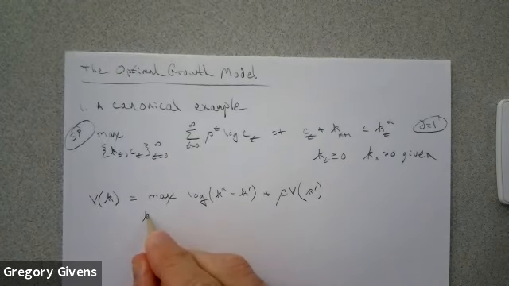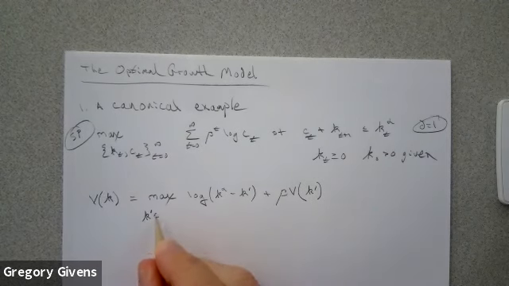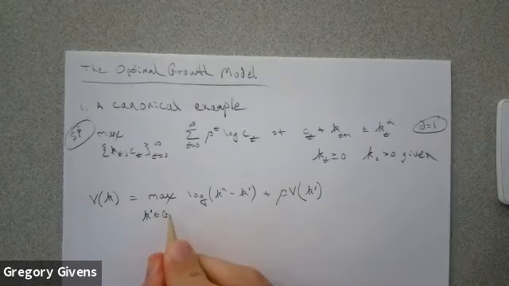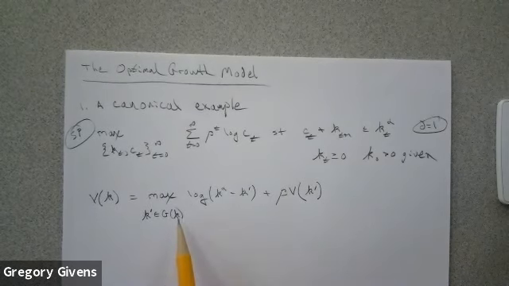The planner is trying to solve for K prime, which is the policy function that shows how capital K_t maps into K_{t+1}. And we know that it is constrained by the constraint correspondence, G of K. The planner simply can't choose any value of K prime she wants. It is constrained by the relevant constraints in the problem, which we'll talk about in just a minute.